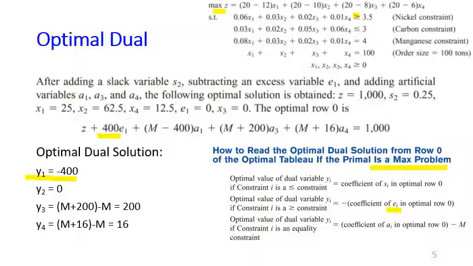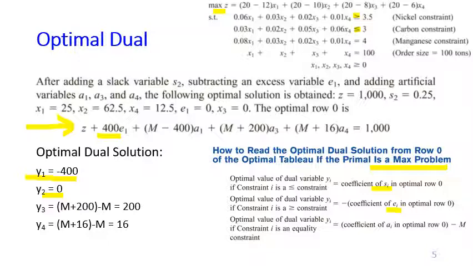For y2, because the second constraint is less than or equal to, we're going to read the coefficient of s2 in the optimal row 0. But in this optimal row 0, you don't see any s2. It means that the coefficient of s2 equals 0, so the optimal value for y2 is also 0.